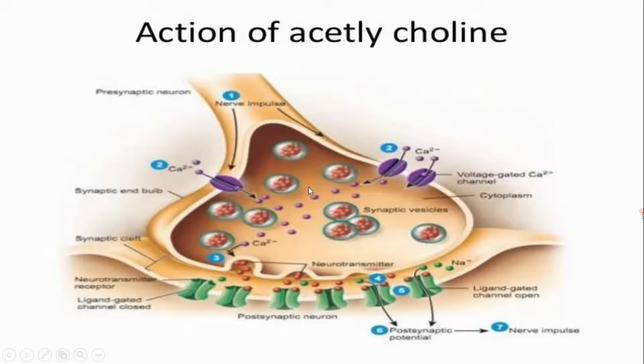As a result, there will be release of more neurotransmitter from the presynaptic terminal, and this will cause increased force of contraction. So as the day progresses, the subject will say that in the morning, my muscles are weaker as compared to the afternoon in case of Lambert-Eaton syndrome.